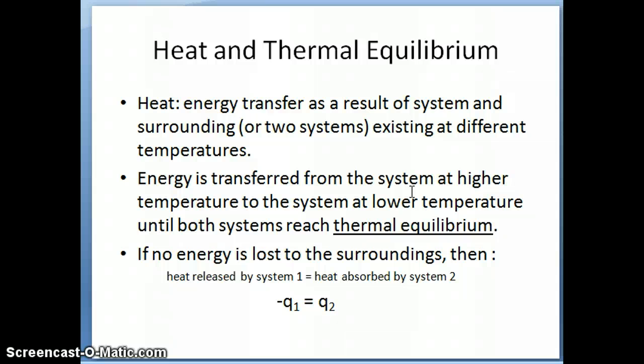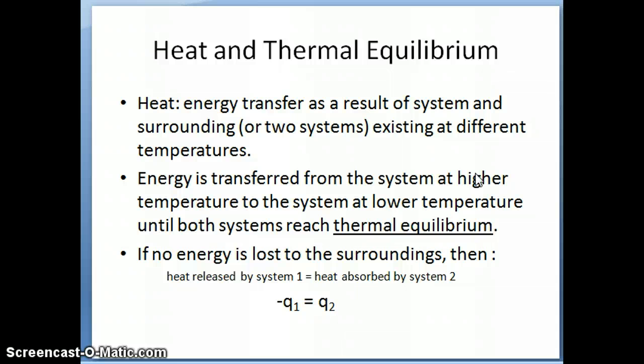If, for example, you go into a cold room, over time you feel a little colder because heat from your body is constantly being released to the surroundings, the room. And if you go into a room that's hot, over time you feel hotter because heat from the room is constantly coming into your body, because you are at a lower temperature.